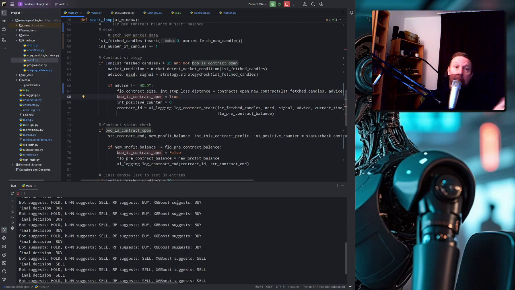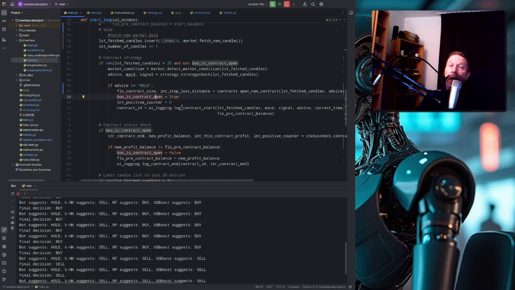Well, it's after market hours, so now I can take a look at what is happening, why this Boolean is not set to true when there is a contract open. And even more, it's not always the same. Sometimes the Boolean contract open is actually being used. So there is some inconsistency between one time and another time.